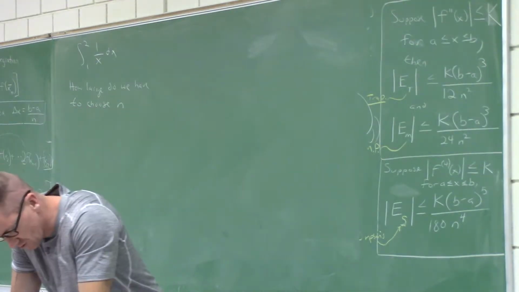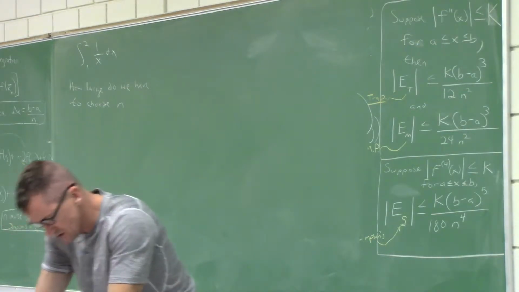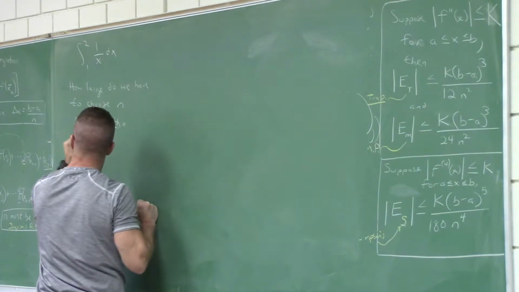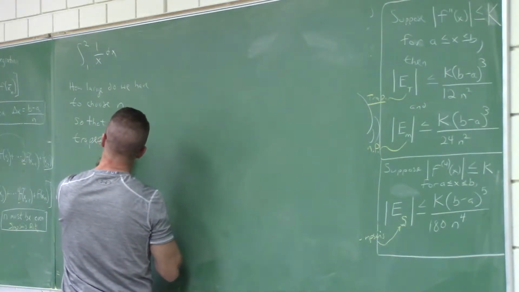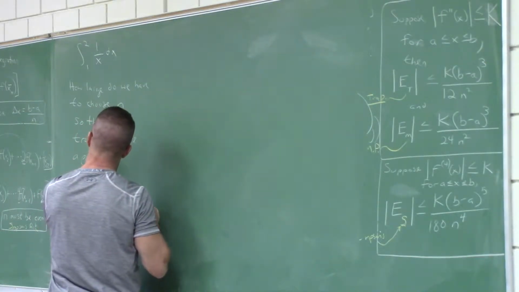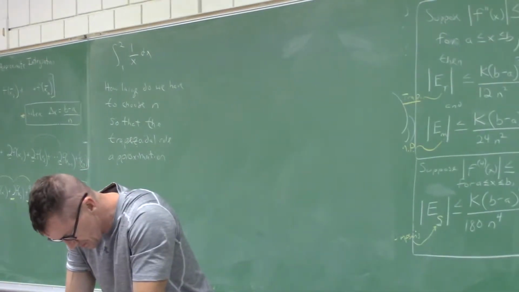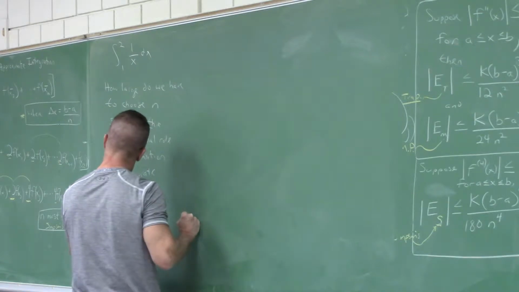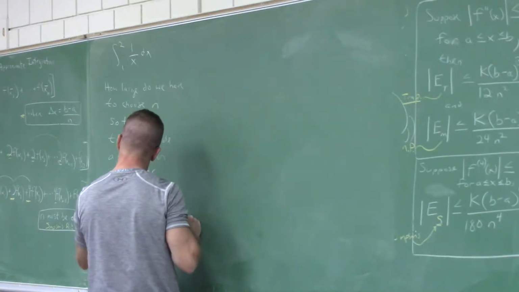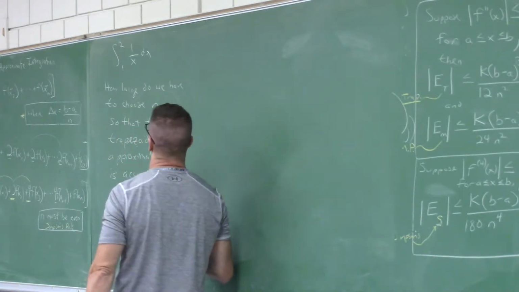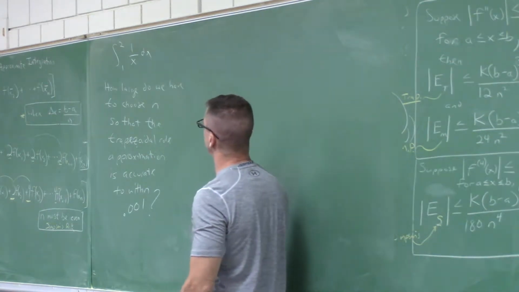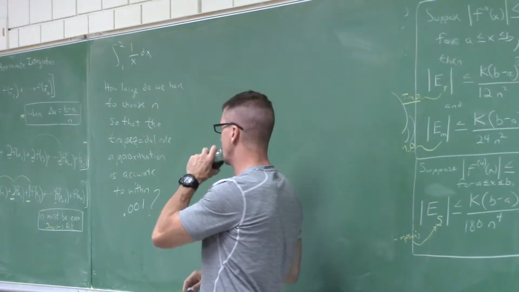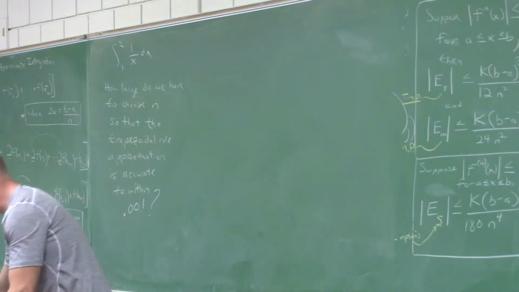We're going to estimate this with a trapezoidal rule. How large do we have to choose n, the number of subdivisions, so that the trapezoidal rule approximation to that integral is accurate to within 0.001?